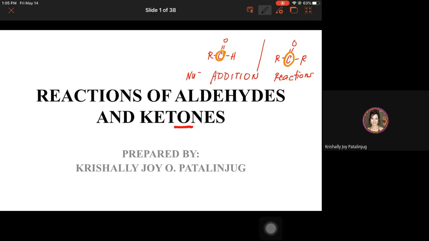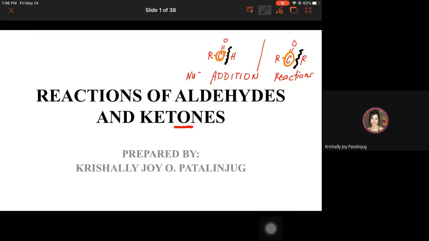Now bakit addition reaction, hindi substitution reaction yung reactions in general ng aldehydes and ketones? Recall, tingnan yung structure ng aldehydes and ketones. They do not contain a good leaving group. Yung consideration natin for it to undergo substitution reaction, dapat meron siyang leaving group, yung removable, electronegative group on its terminal side.